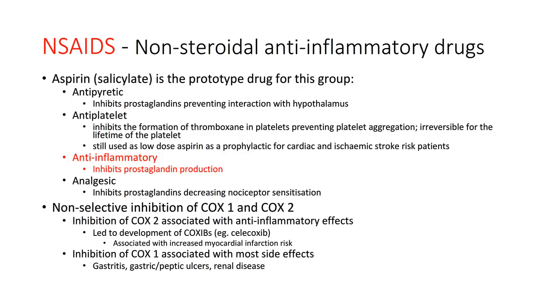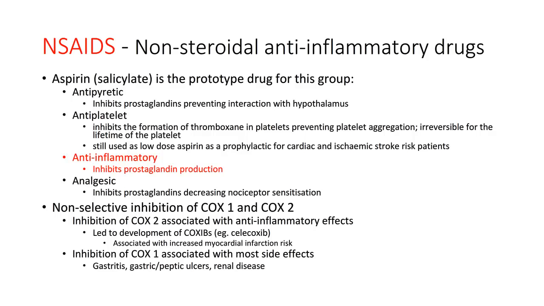Now, the way the NSAIDs work is that they're non-selective. We have enzymes called cyclooxygenase, and we have more than one of them, cyclooxygenase 1 and cyclooxygenase 2. So the NSAID group of drugs are indiscriminate about which enzyme they inhibit.